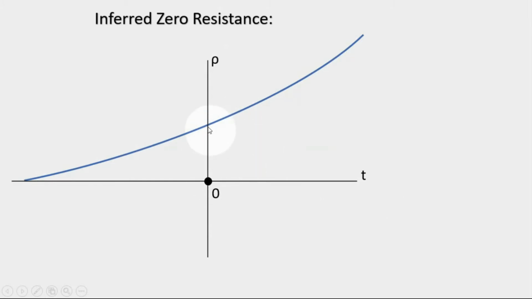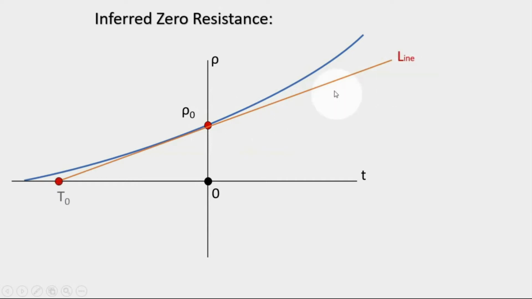Let's consider this point, the point where the graph of your material's relationship between temperature and resistivity intersects the vertical axis, and name this as rho O. So I will let a line pass through this point, I mean tangent to this point.